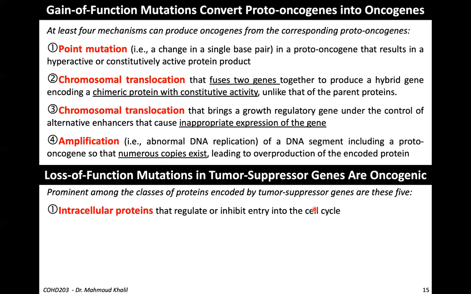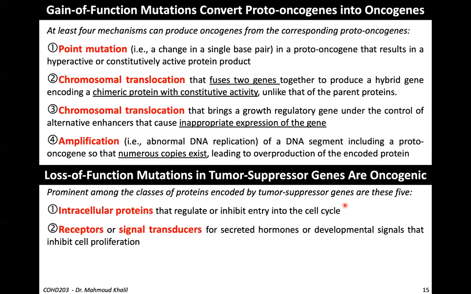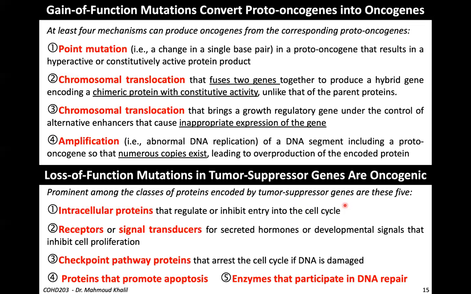They either are intracellular proteins that regulate or inhibit entry into the cell cycle; receptors or signal transducers for secreted hormones or developmental signals that inhibit cell proliferation; checkpoint pathway proteins that arrest the cell cycle if DNA is damaged; proteins that promote apoptosis; and enzymes that participate in DNA repair. So any loss of function mutation in these 5 classes of proteins will lead to cancer.